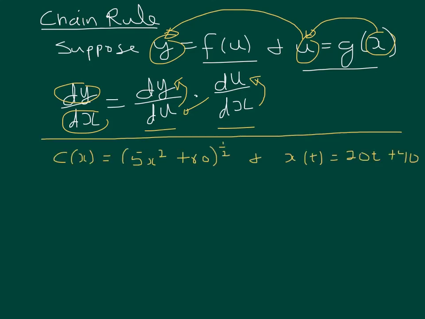Suppose that cost is given by this function, (5x squared plus 60) whole to the square root, which we can write as to the power 1/2, and that x, which is our output, is given by this function 20t plus 40.